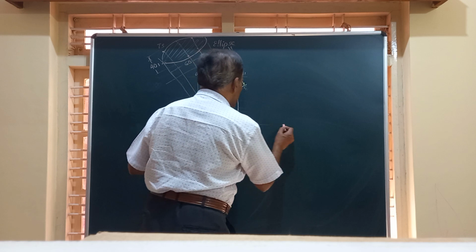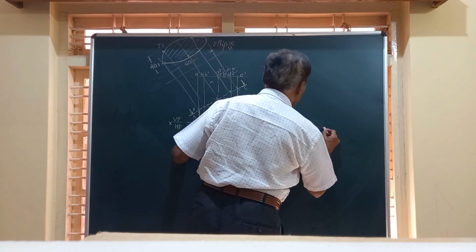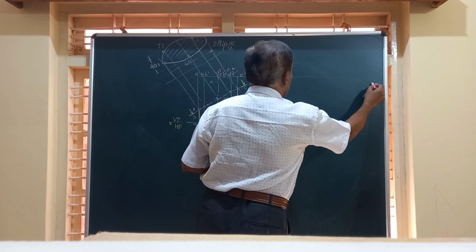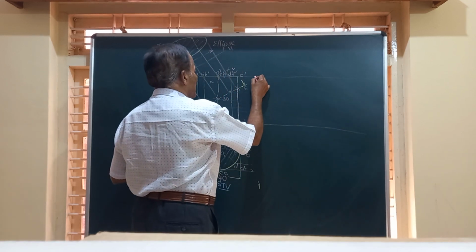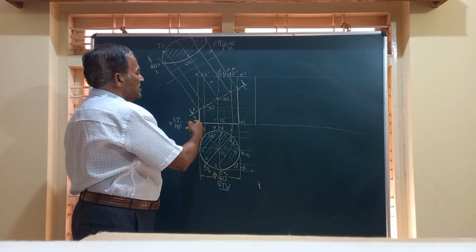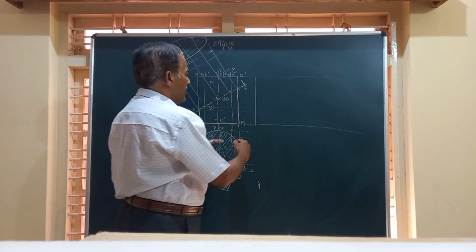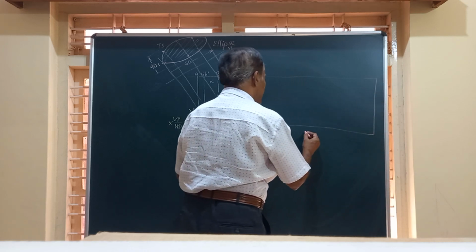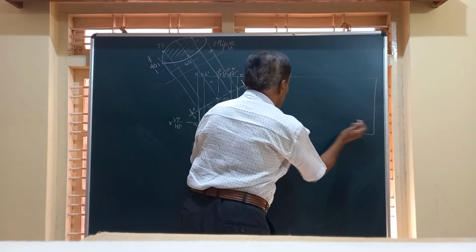So friends, I am going to extend this xy line here, and this height I will show here. And friends, you can draw a line here, and since none of the generators are completely removed, you have to have a rectangle here of width equal to pi d. I will mark it here.